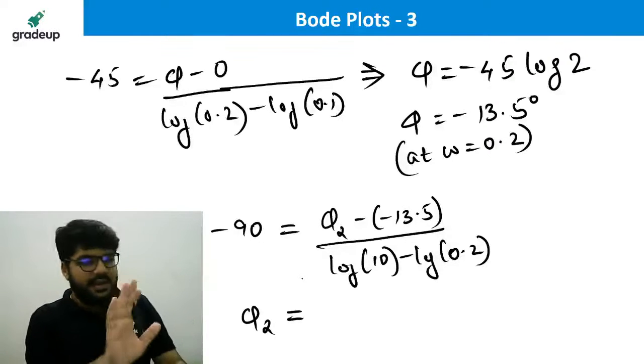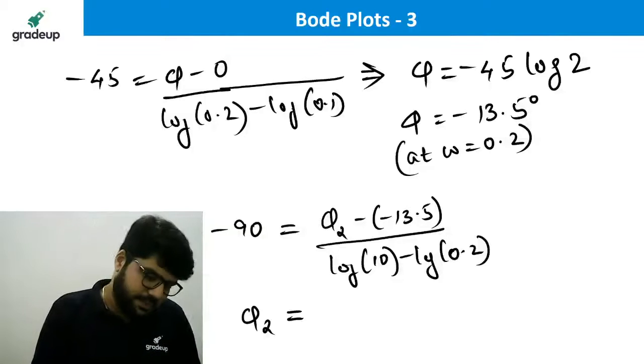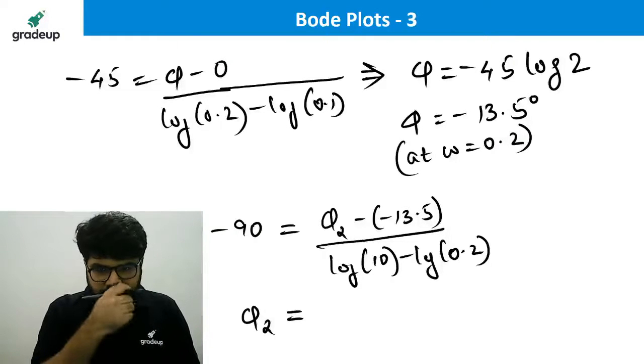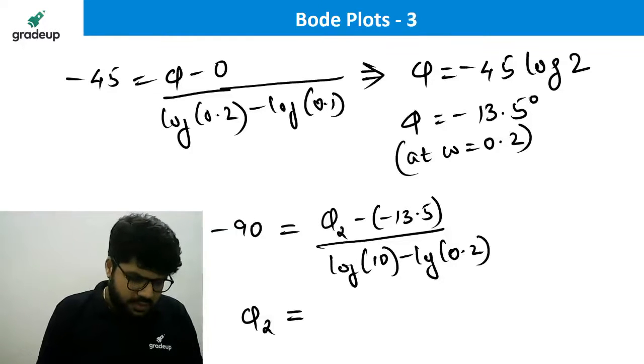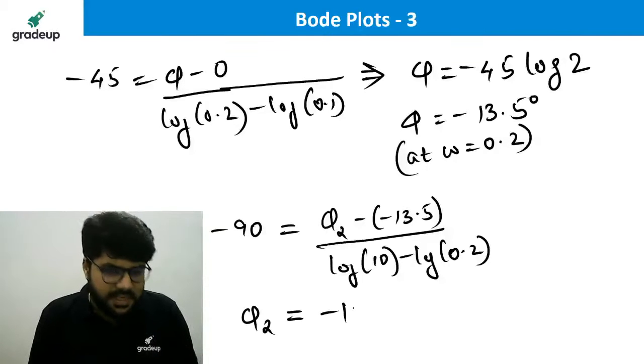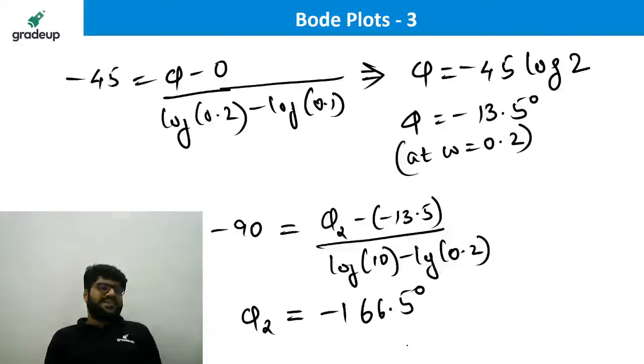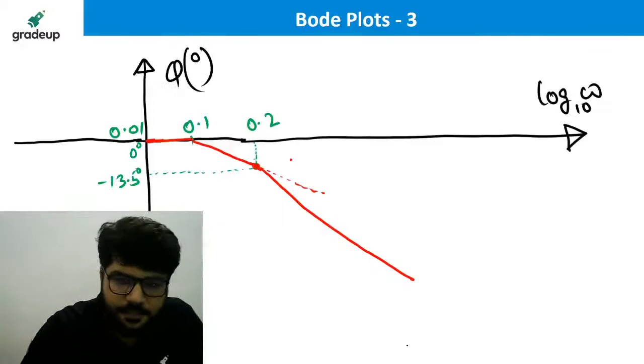No, it is not perpendicular. So log of, into 90. This one is coming up as minus 13.5. This is approximately coming up as minus 166.5 degree.